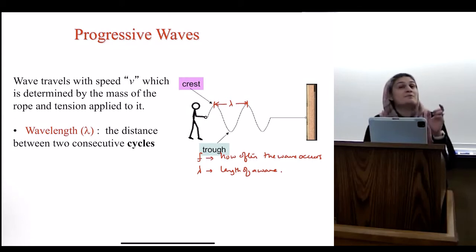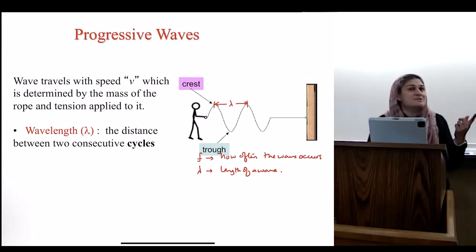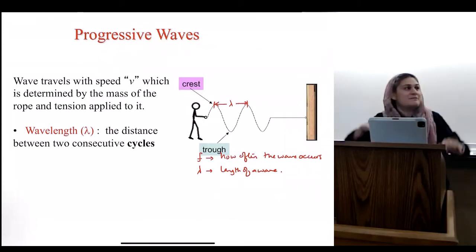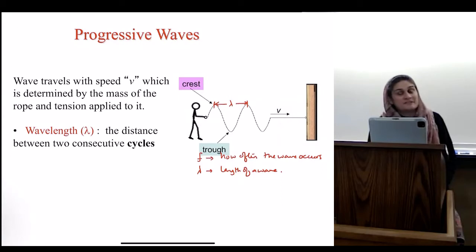If you wanted to remember what a wavelength is, it's the distance between two crests or two troughs. I tend to always remember the crests because it's easy to see. So I'll just do one crest to one crest, and that's my wavelength. And the speed by which it moves is called v. Also velocity, because it will have a direction.